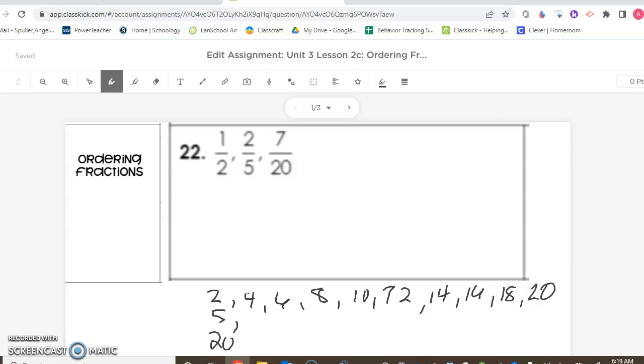Count by 5's: 5, 10, 15, 20. Well, I'll easily see that the first one they all have in common is 20.